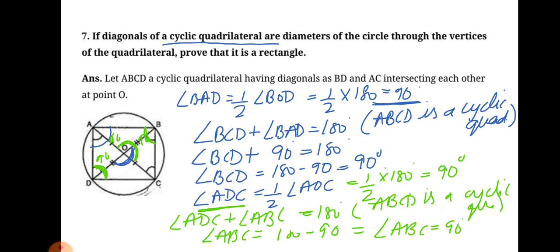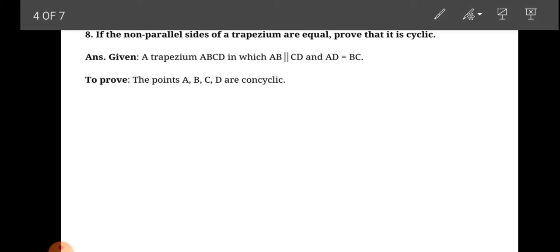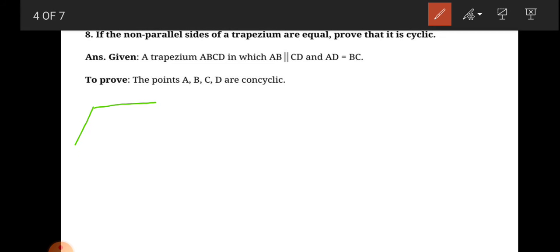Question number 8. If the non-parallel sides of a trapezium are equal, prove that it is cyclic. Let ABCD be a trapezium in which AB is parallel to CD.